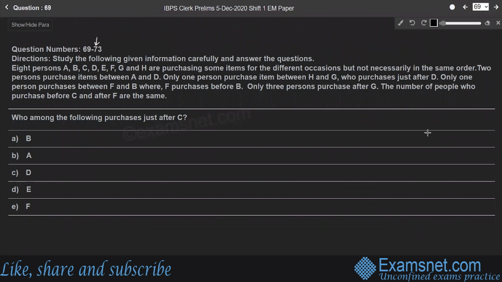Students, question number 69 to 73. These questions are based on the below information.